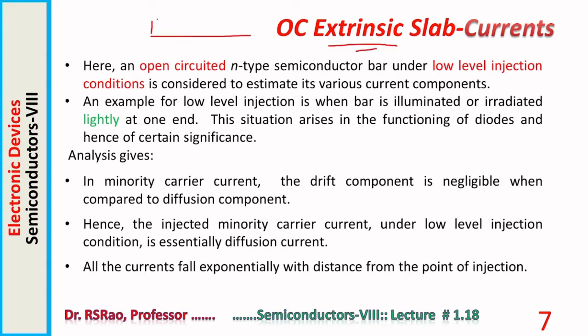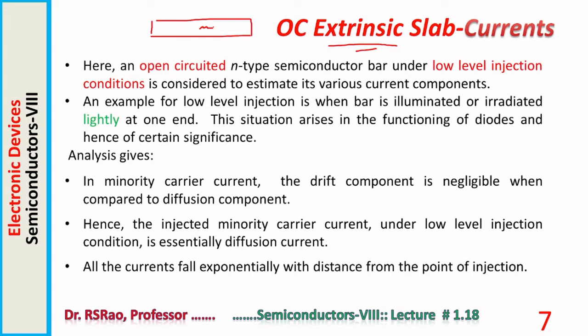Notice here is a slab, it is open circuited, it is extrinsic, maybe N type or P type, it doesn't matter. Inside this slab, currents exist. Why do currents exist? The reason is inside, electrons exist, holes exist. Electrons don't keep quiet, holes don't keep quiet, they keep on moving.